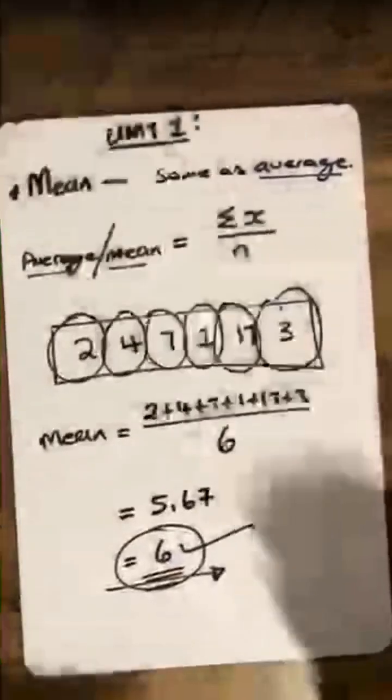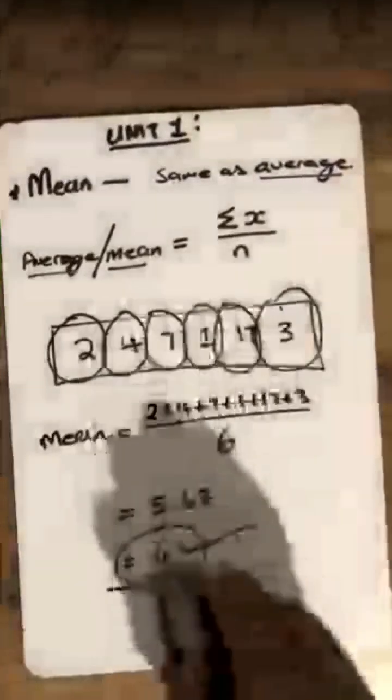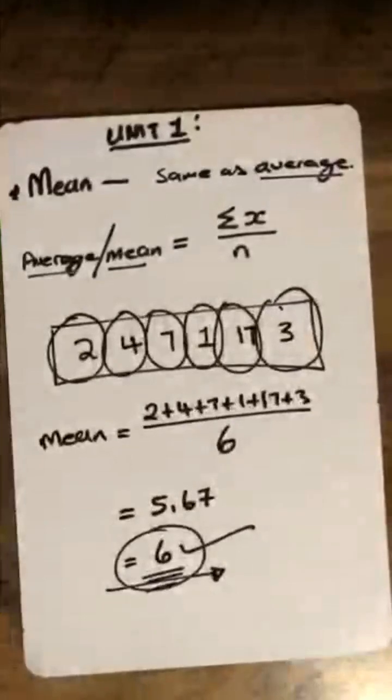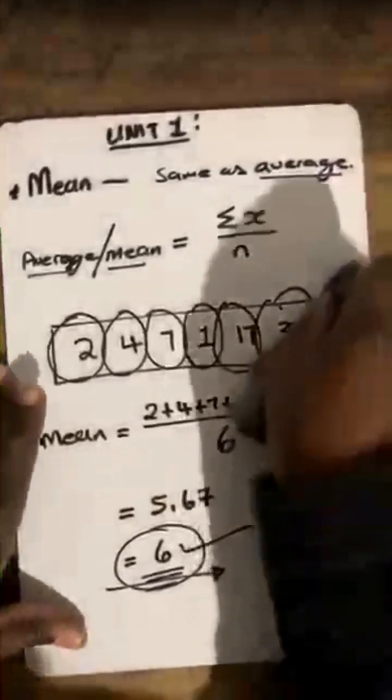Okay, 100%. So now I'm going to remove all of that, and then we talk about the median. What we spoke about was the mean and average, same WhatsApp group. So now let's talk about the median.